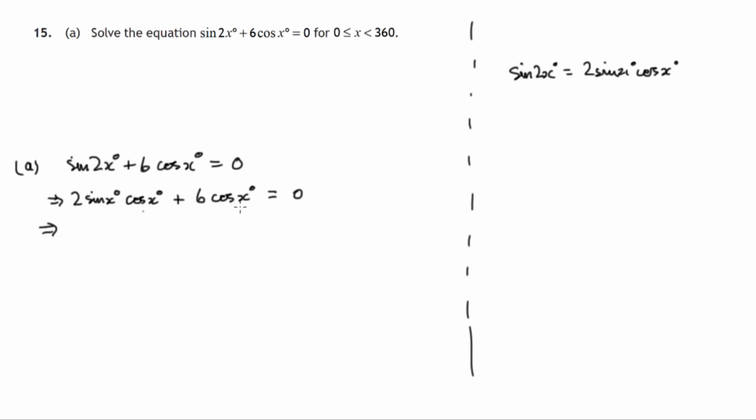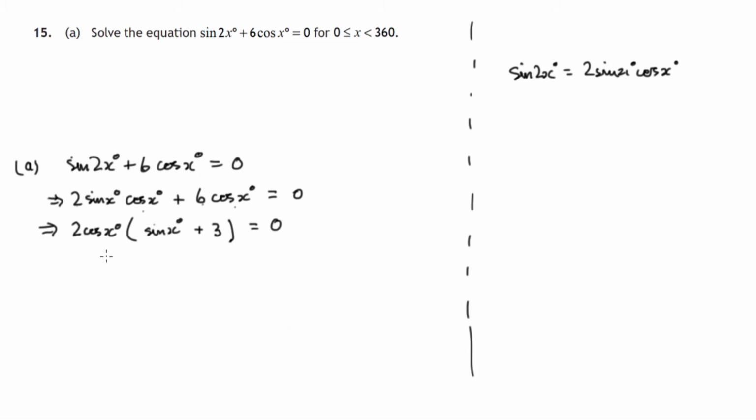Well, notice that there's a common factor of cos x, and while we're talking about common factors, there's also a common factor of 2 that can be taken out. So 2 cos x, and that leaves you with sine x in the first term, and 2 times 3 gives you the 6, and the cos x has disappeared.